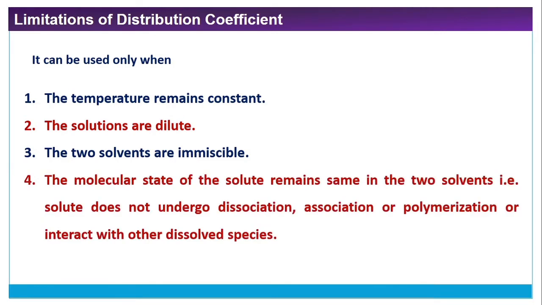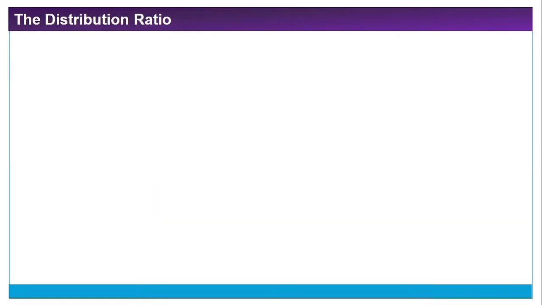The molecular state of the solute remains the same in both solvents, that is, the solute does not undergo dissociation, association or polymerization or interact with other dissolved species. These are the limitations of the distribution coefficient.